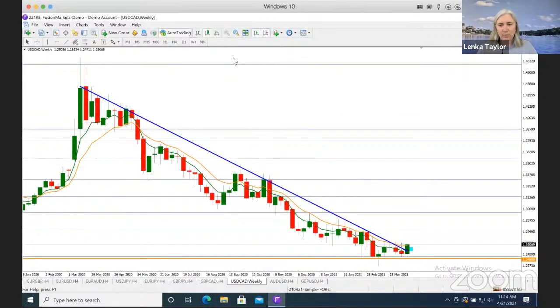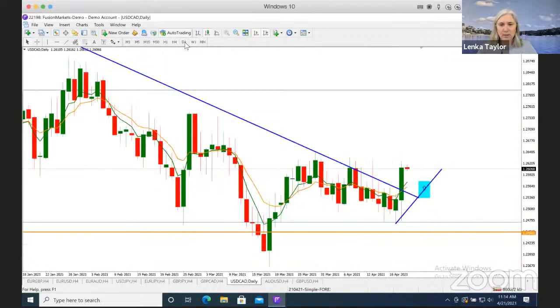On the weekly, we had a pin bar, and here's, I think, a potential setup for engulfing at the moment. On the daily, we've had a number of engulfing bars, so I'm looking for possibly price going a bit further up, coming back down, and then looking to enter long on that currency pair.